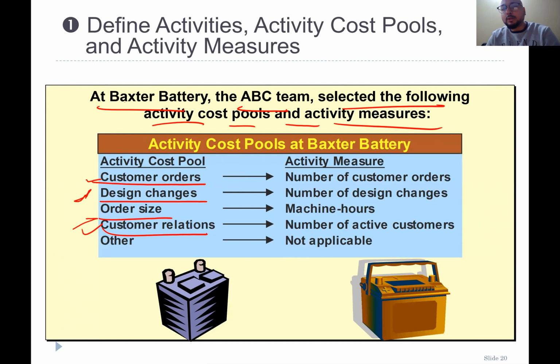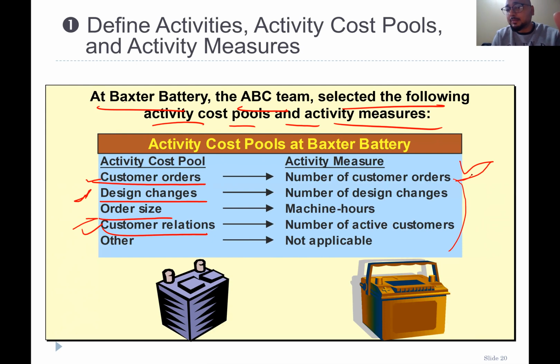So the Baxter Battery categorized 5 activities. Their cost pools are based on customer orders, design changes, order size, customer relation, and others. They also mention their denominator or activity measure. Customer orders will be based on the number of customer orders.